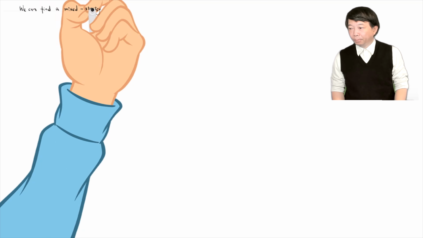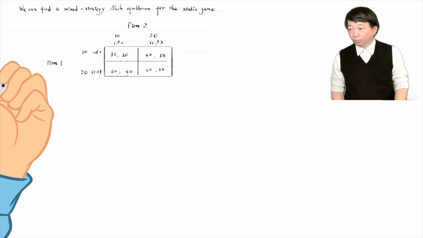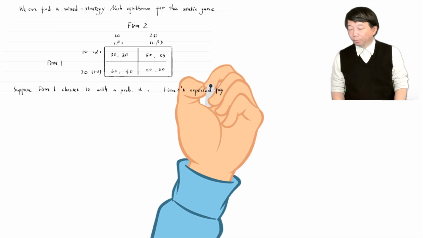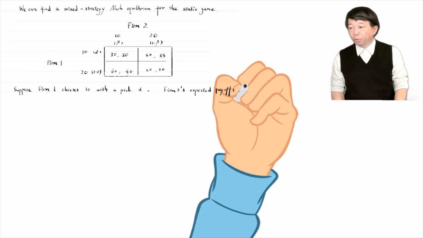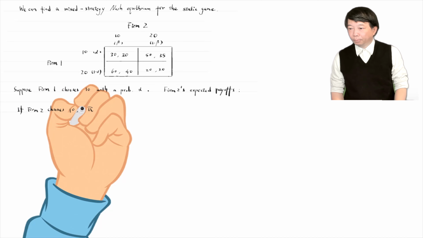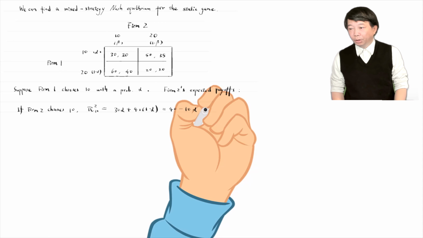We can also find a mixed strategy Nash equilibrium for this static game. Suppose firm 1 chooses 10 with a probability of alpha. We calculate firm 2's expected profits for each of its strategies. If firm 2 chooses 10, its expected profit is 40 minus 10 times alpha.